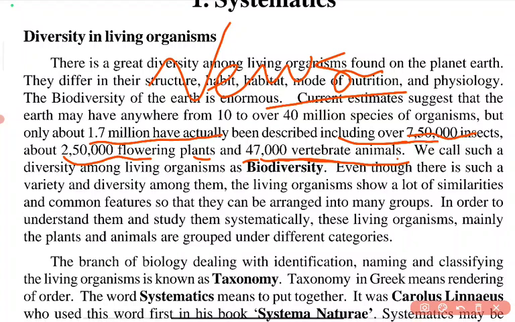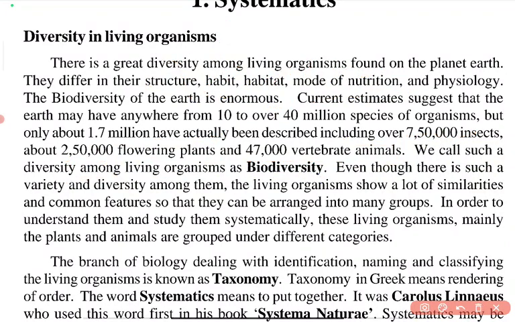Now, next, we call such diversity among organisms biodiversity. The organisms which have diversity, these are called biodiversity.